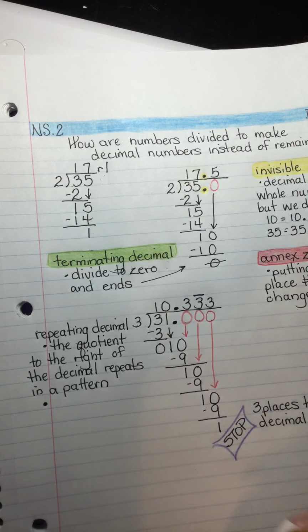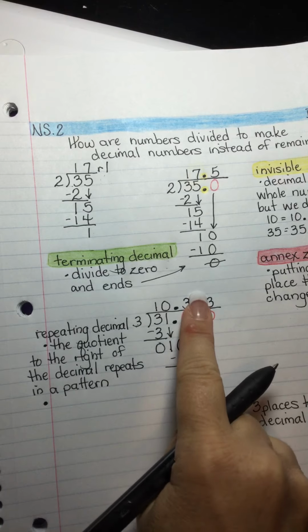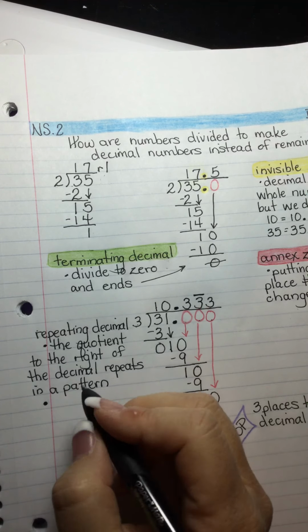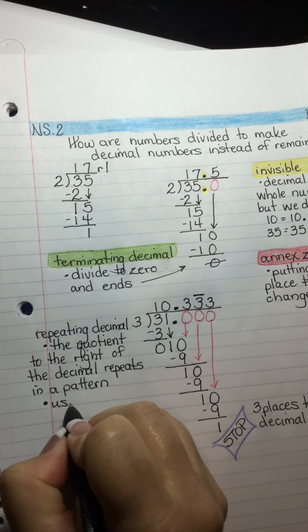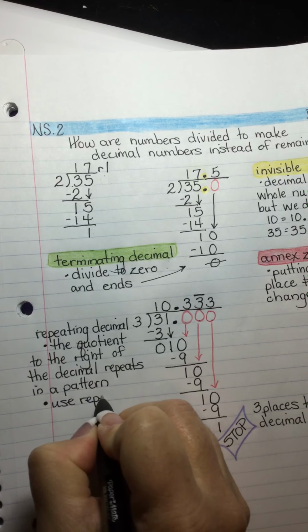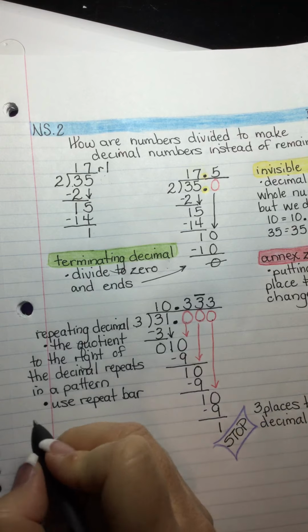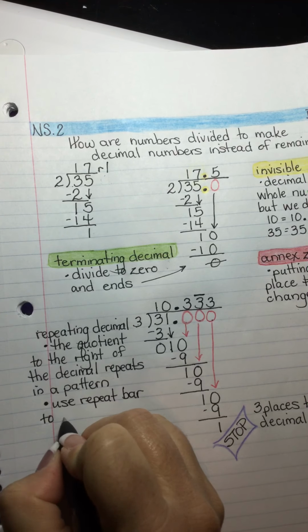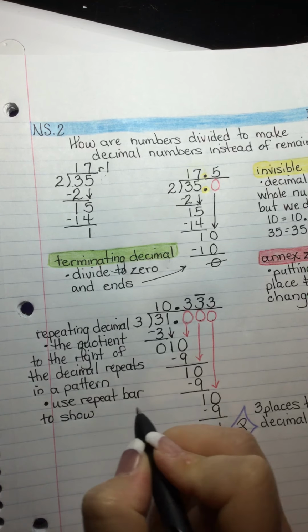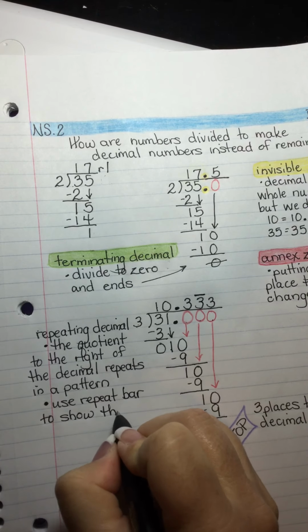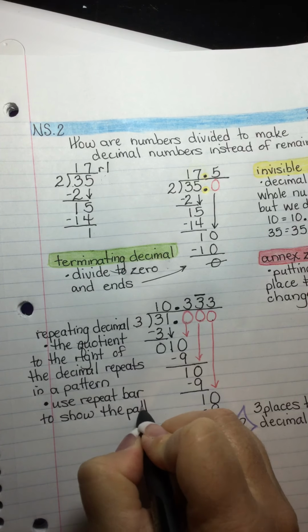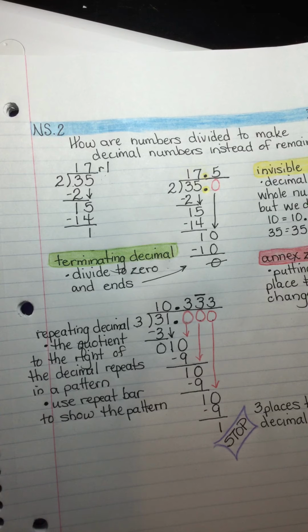You can put it above the first one, but pick one of the 3s, put a line above it, and that is called a repeat bar. And that shows what the pattern is. Okay?